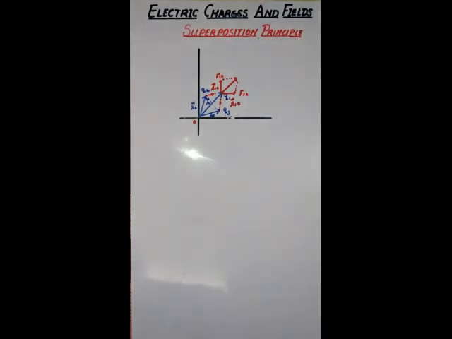So according to Coulomb's law, the force exerted on charge Q1 due to, suppose we take the Q2 charge, is F12, vector sign, equals 1 upon 4 pi epsilon naught, Q1 Q2 upon R square.